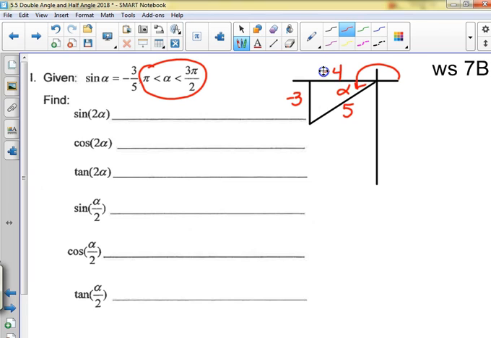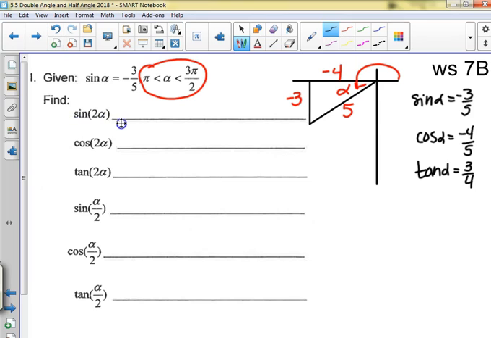Negative 4. Okay, I'm going to list them over here just because it's easier for me later. So we now know the sine is negative 3/5 because we're going to be plugging these in a minute. The cosine is what? Negative 4/5. And if we need tangent, it will be positive 3/4, right? Okay.